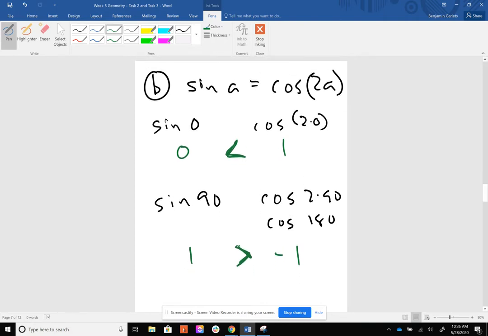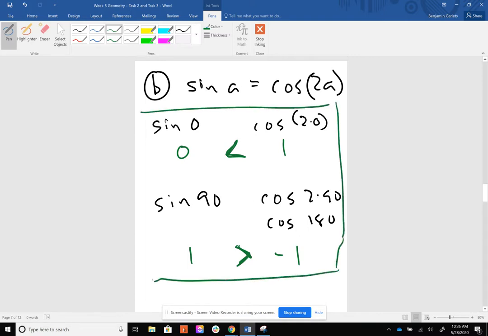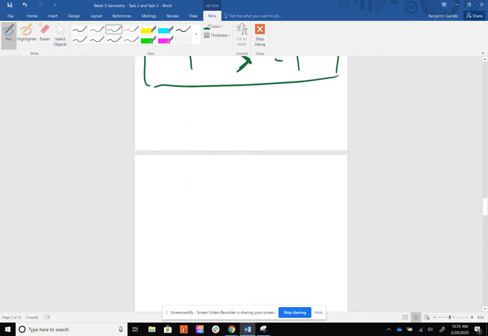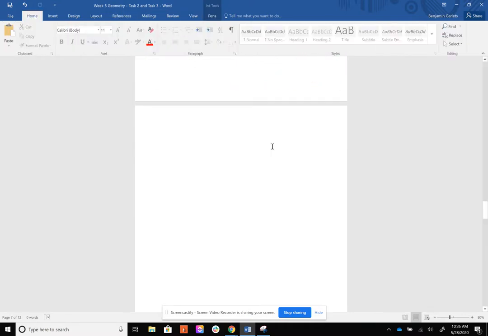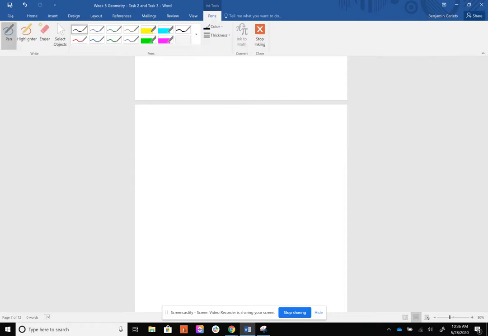Okay, so let's take a look at that. It's going to be somewhere between 0 and 90 degrees. Let's check a few values. For the table that I've got, it looked like we only had 30, 45, and 60.